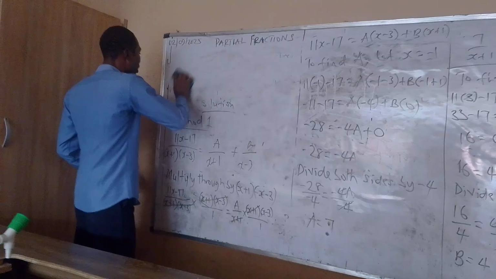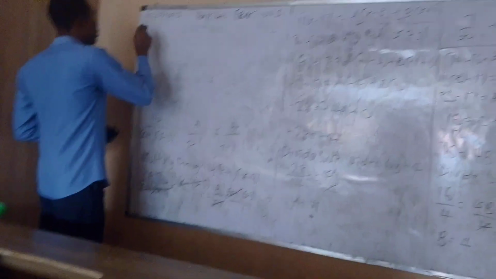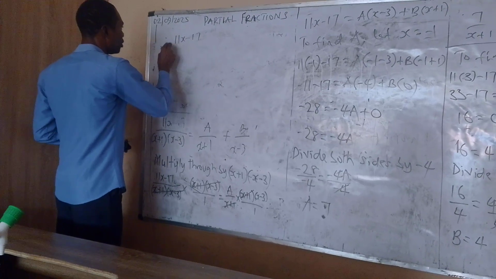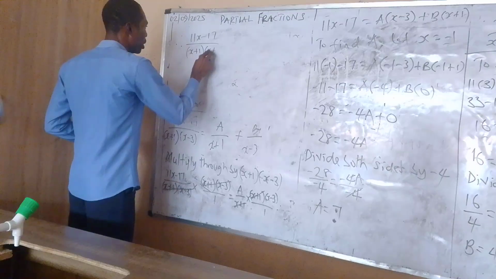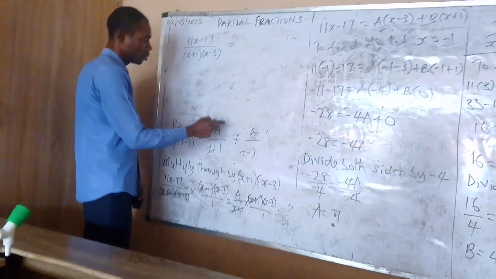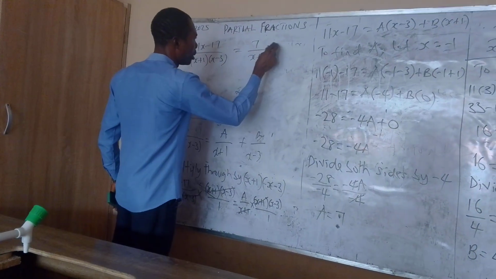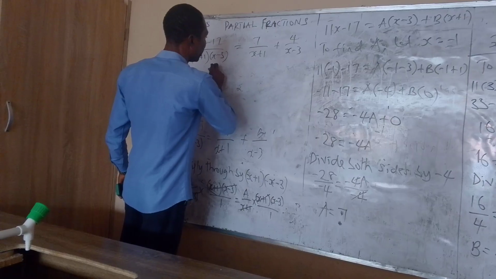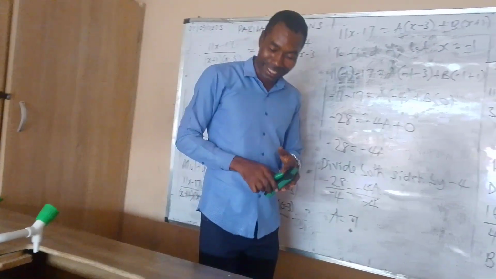Therefore, final answer. Therefore, 11x minus 17 over x plus 1, x minus 3 is equal to, what's my a? 7 over x plus 1 plus, what's my b? 4 over x minus 3. This is my final answer.